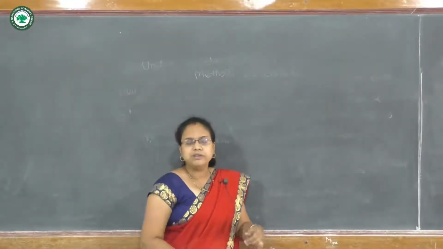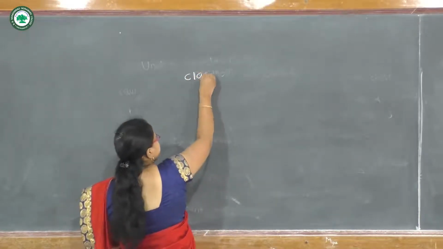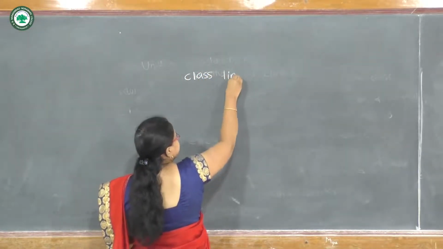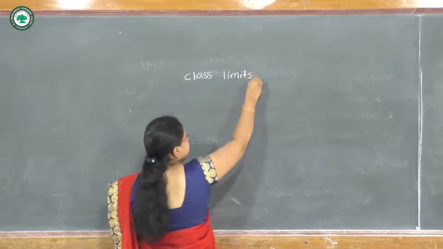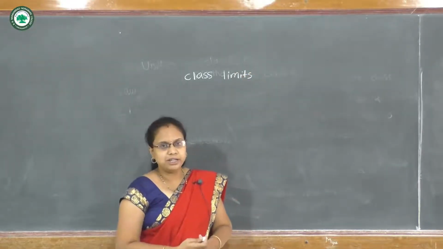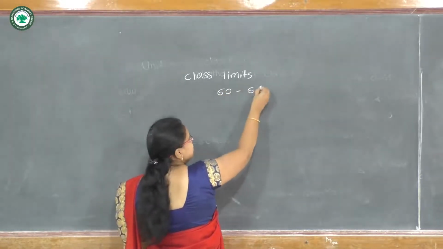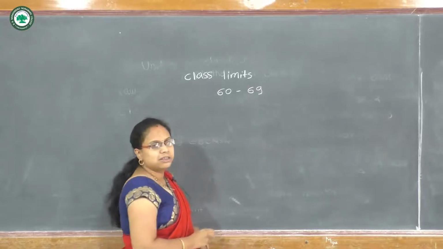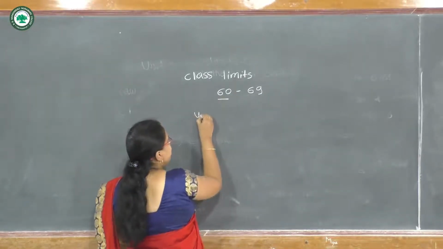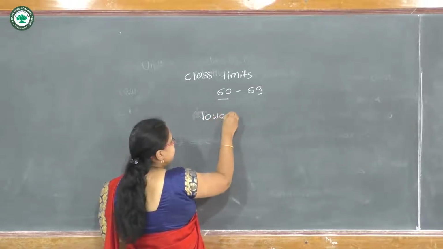The next point we will see is class limits. There are two types of class limits, upper limit and lower limit. Suppose the class is 60 to 69, then this 60 is called the lower limit of that class.